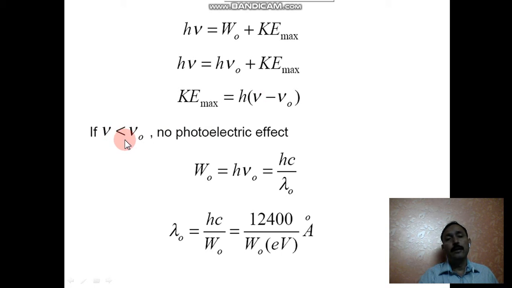If nu is less than nu naught, no photoelectric effect. That means if the frequency of the incident light is less than the threshold frequency, then there will be no liberation of photoelectrons. So we can write W naught is equal to h nu naught is equal to hc by lambda naught.